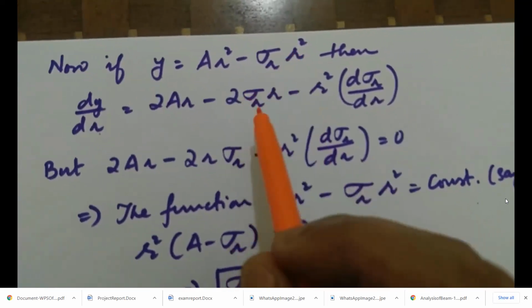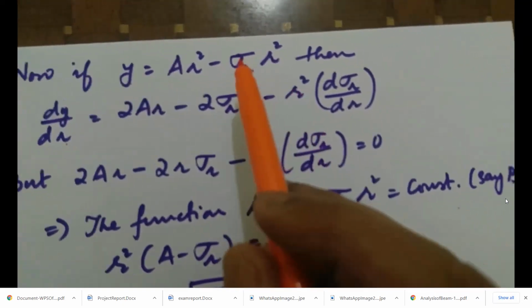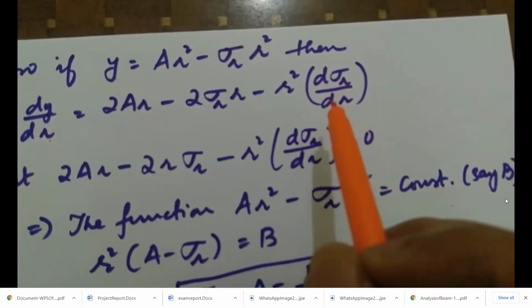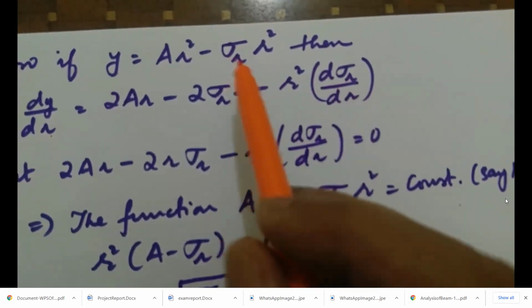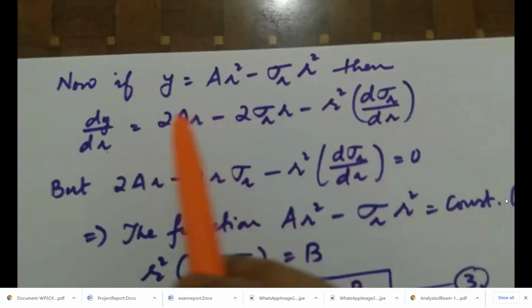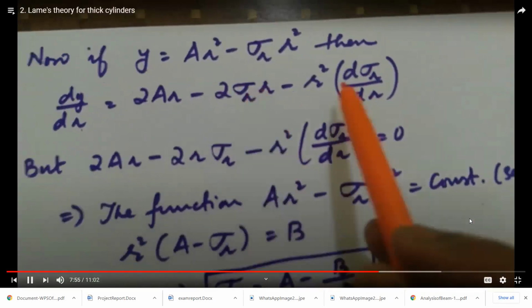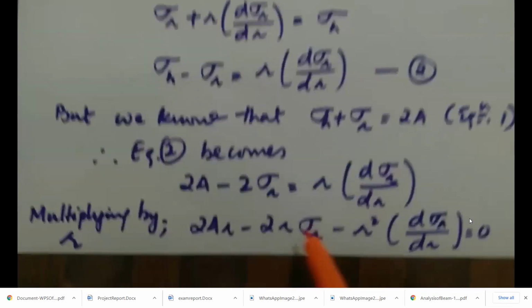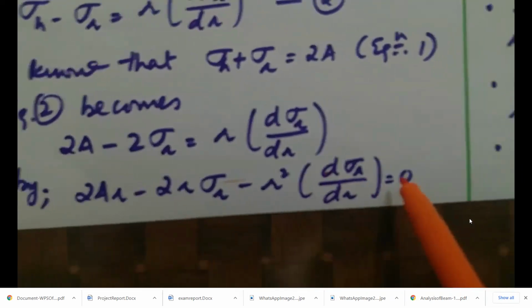So minus 2 sigma r into r minus r square into this derivative, which is d sigma r by dr. This is actually the rate at which sigma r changes. All right. So if this is a function, then its first derivative is this value. But this equation is nothing but this equation, and that is equal to 0.